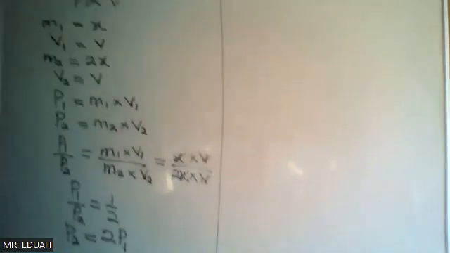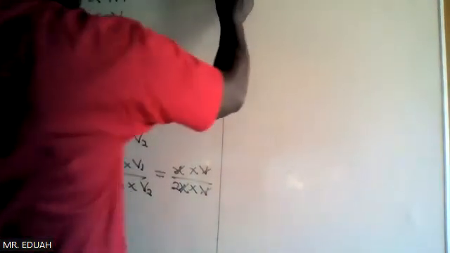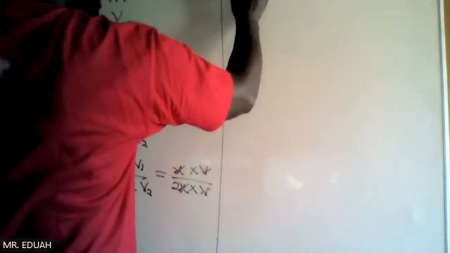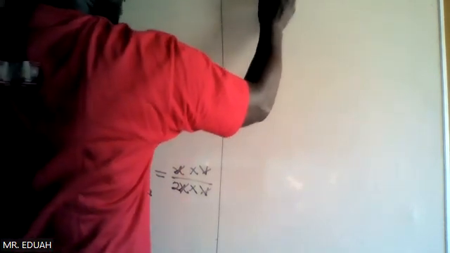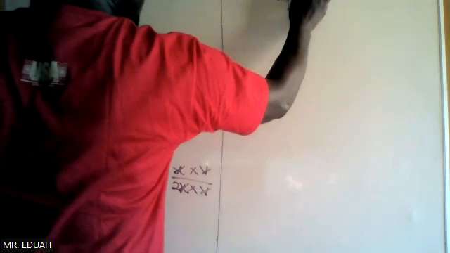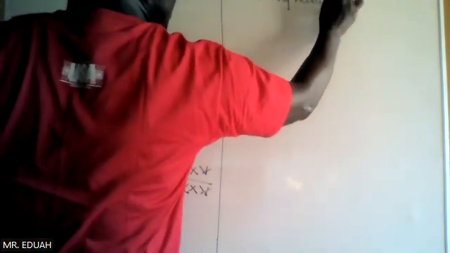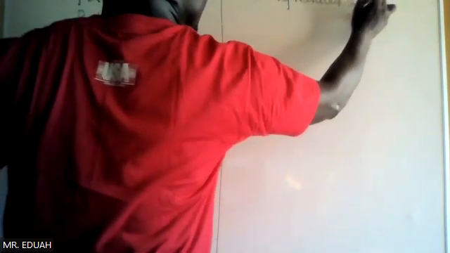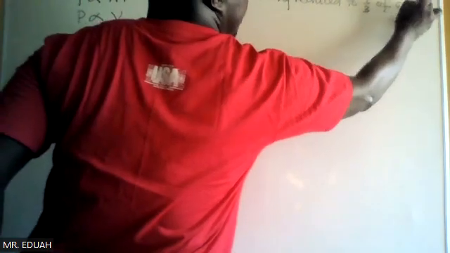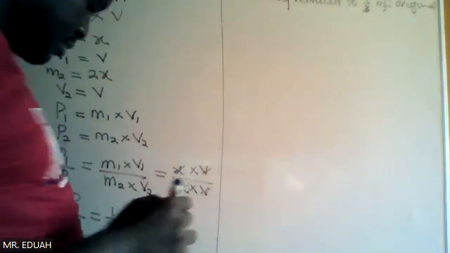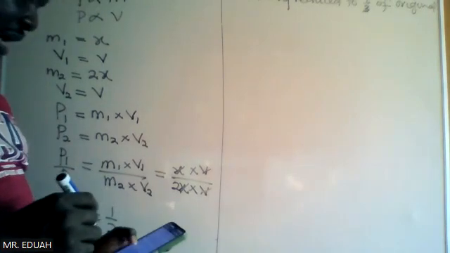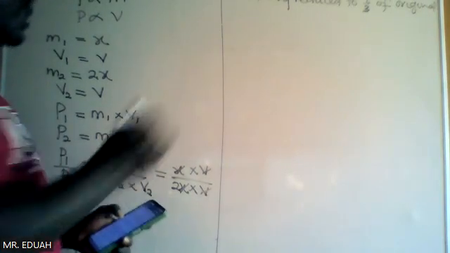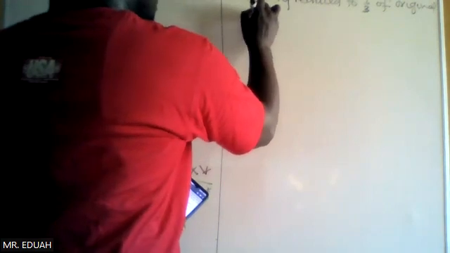So we have B, velocity reduced to 1/3 of the original value of its original magnitude.